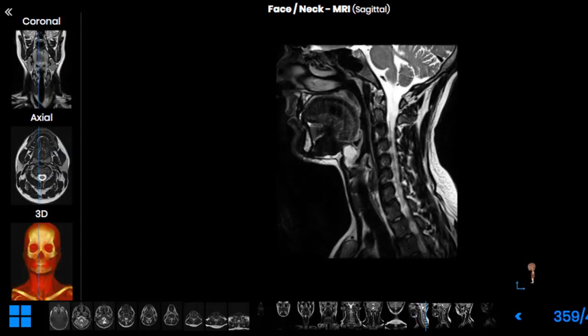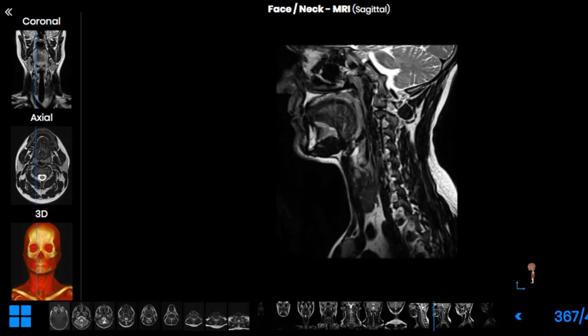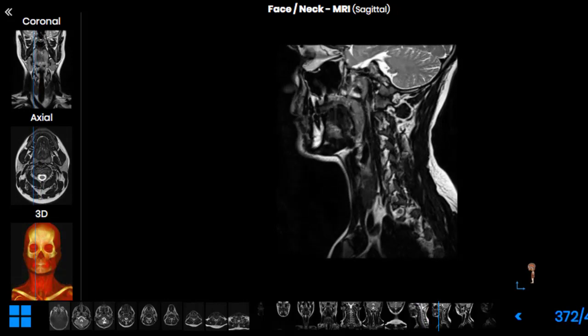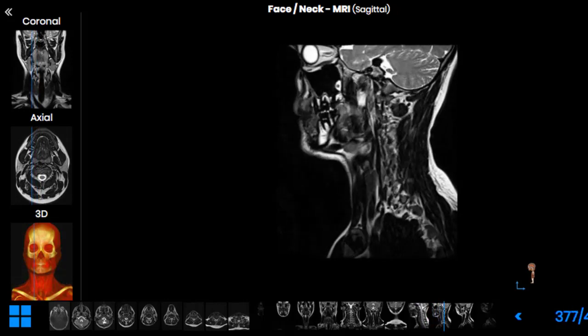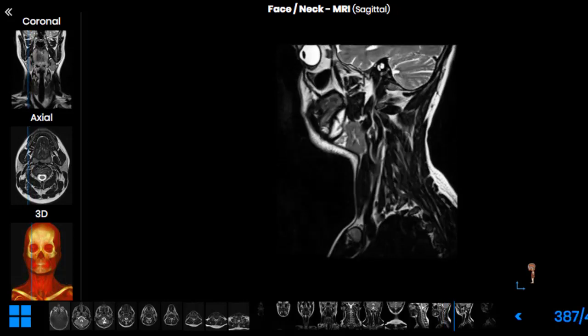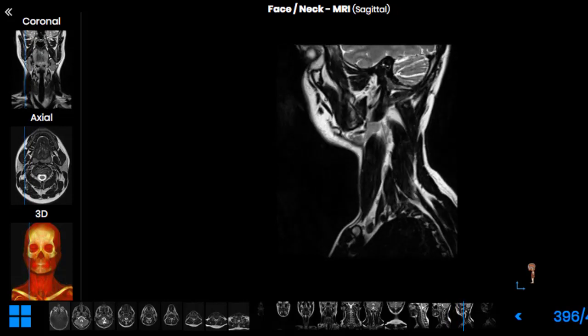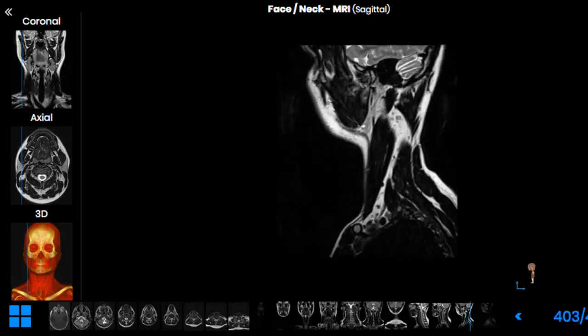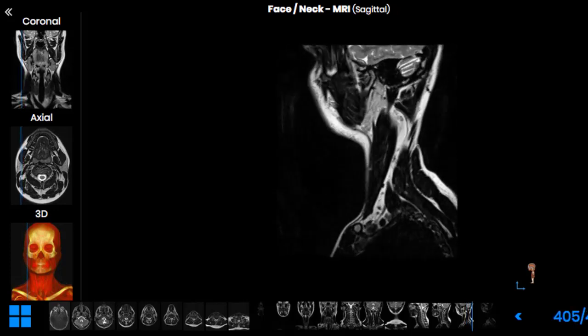TMJ, and the best way to assess the TMJ is to look at it on the sagittal image. As I scroll from the midline laterally, you can see the lateral pterygoid muscle again as it runs from the lateral pterygoid plate towards the head of the mandible, and here is the head and neck of the mandible themselves.